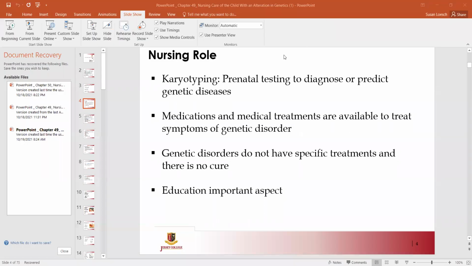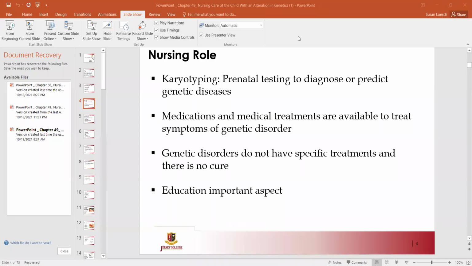And this karyotyping is actually a picture or pictorial analysis of the chromosomes, and it shows us a systematic arrangement of the chromosomes of a single cell by pairs. So the karyotyping is often used in prenatal testing to diagnose or predict different genetic diseases.